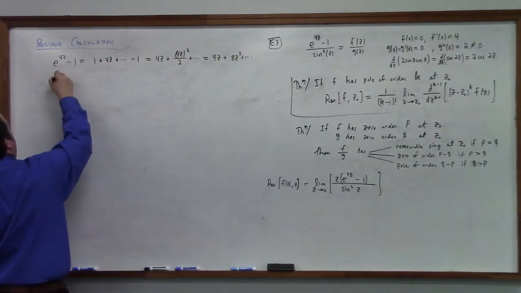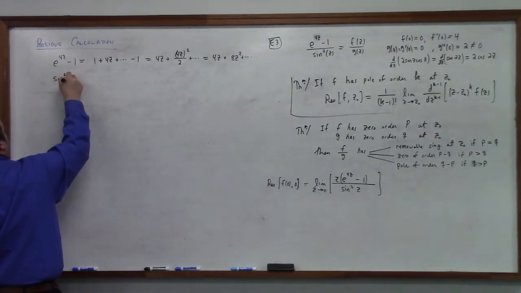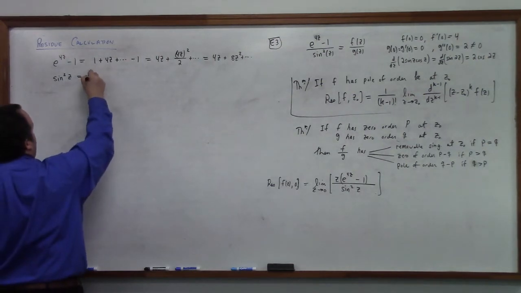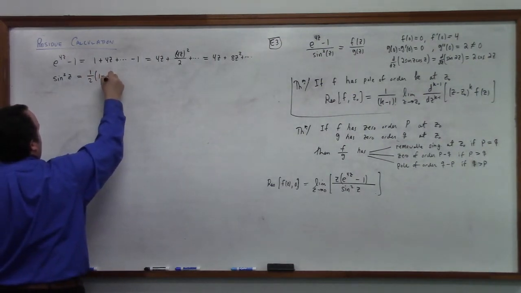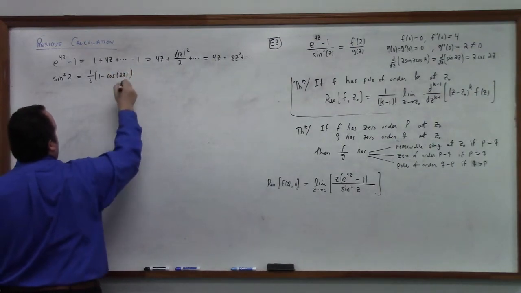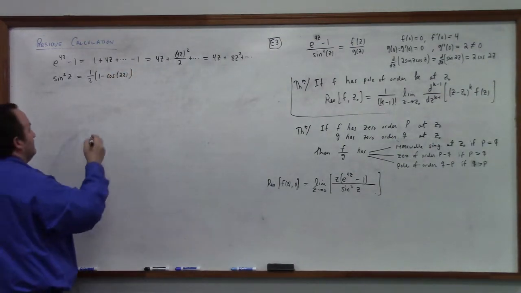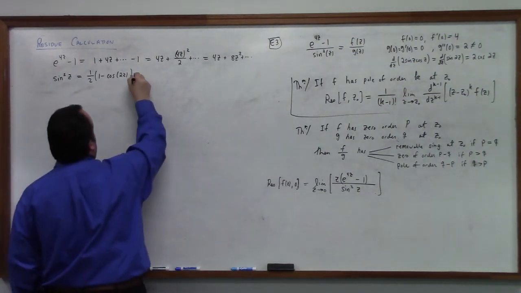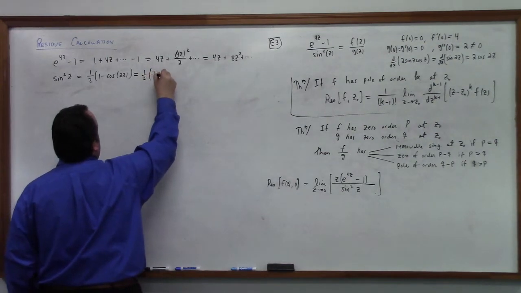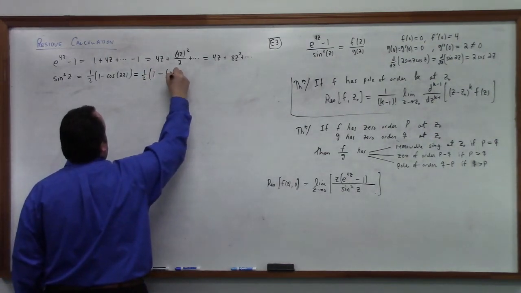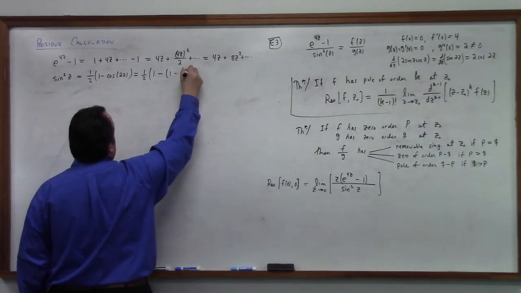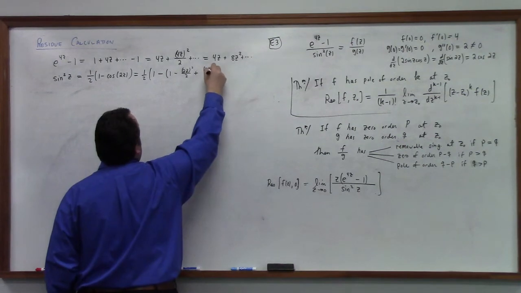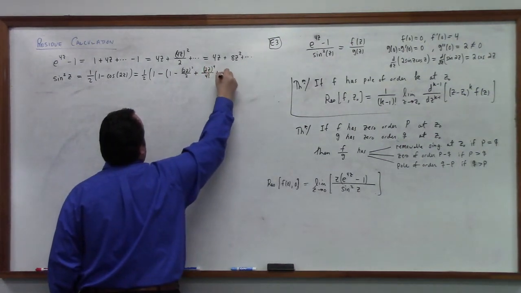And what's the sine z on the bottom? Sine squared z. There's various ways to go about this. Here's an easy way: 1/2 times 1 minus cosine 2z, yeah? And so this is 1/2 of 1 minus, in big parentheses, 1 minus 2z squared over 2 plus 2z to the 4th over 4 factorial, and so forth.